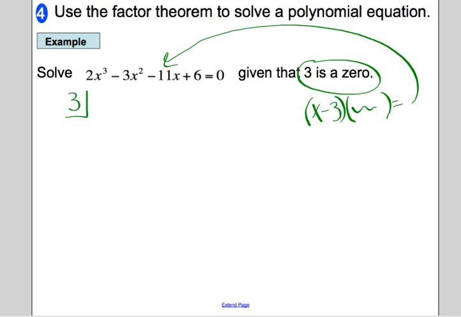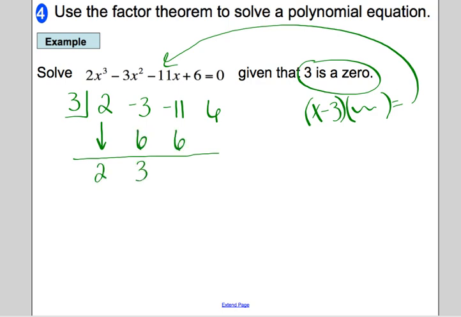So we'll put the 3 in the box. 2, negative 3, negative 11, 6. Now this is actually the previous question we did. 3 times 3 is 9.